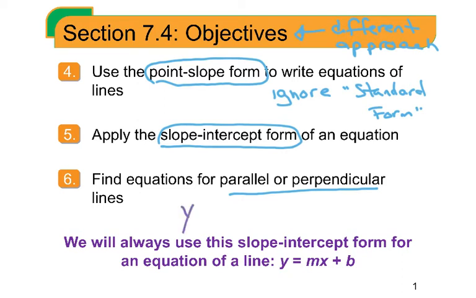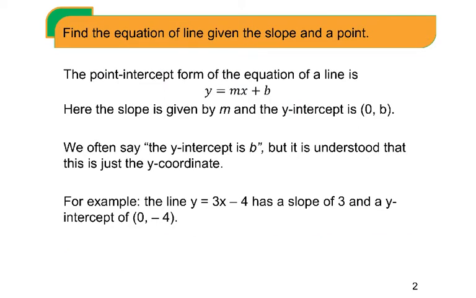We will always write our equations of lines in this form, which is called slope intercept. So here's that equation. The slope is given by the letter m, that's the coefficient of x, the number in front of x. And b, we sometimes just call the y-intercept.